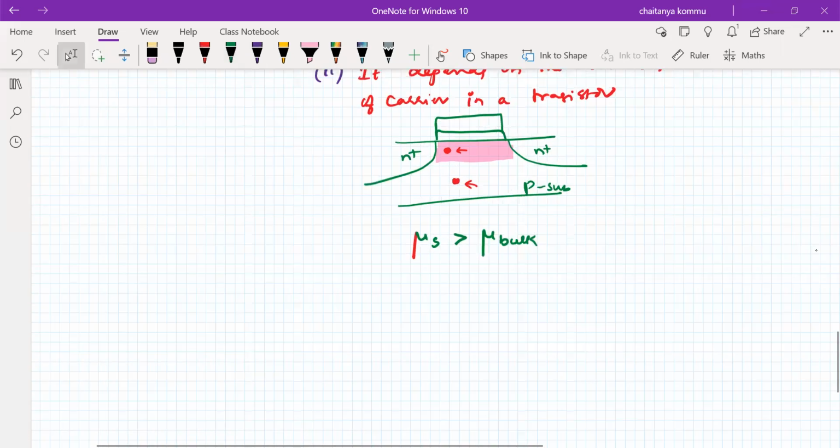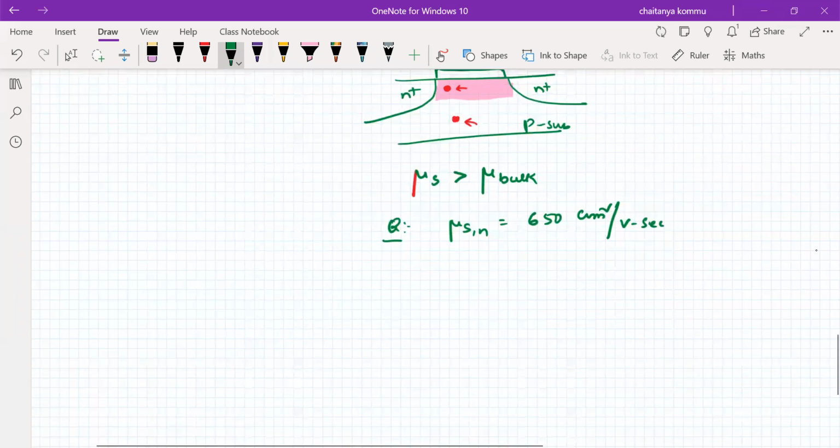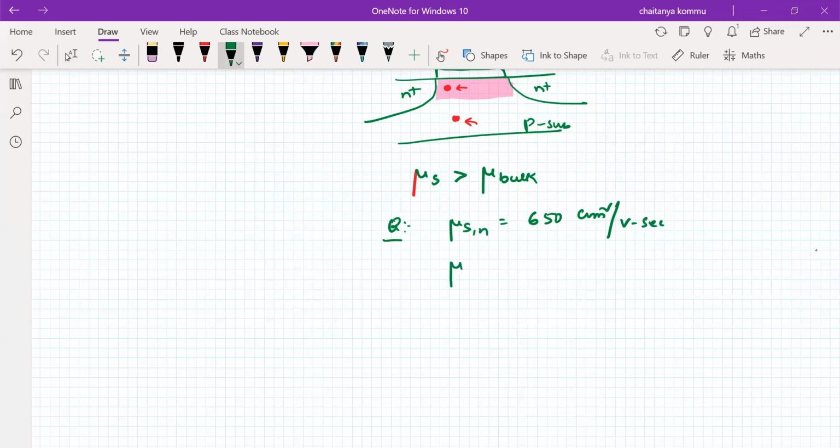For example, the surface mobility of the electron is 650 centimeter square per volt second. The same electron in the bulk will be 1250 centimeter square per volt second. So that is the difference.